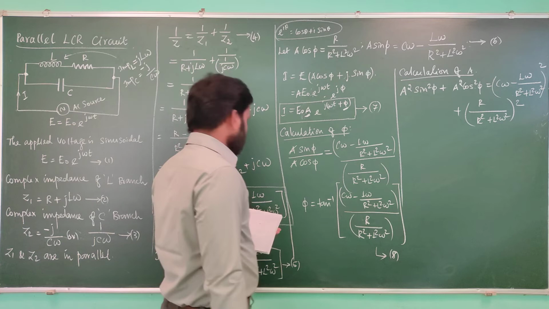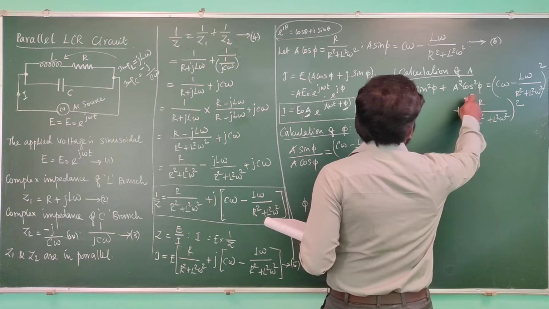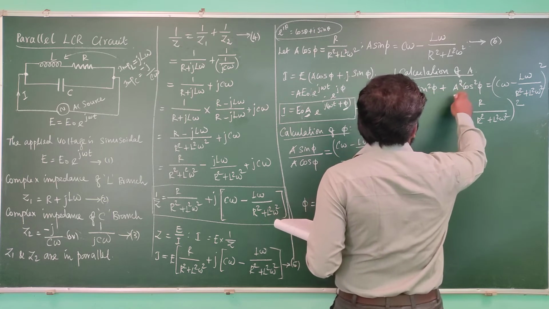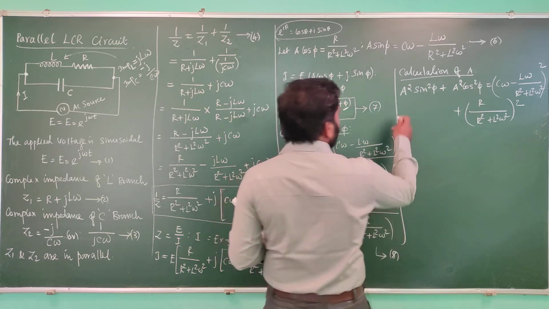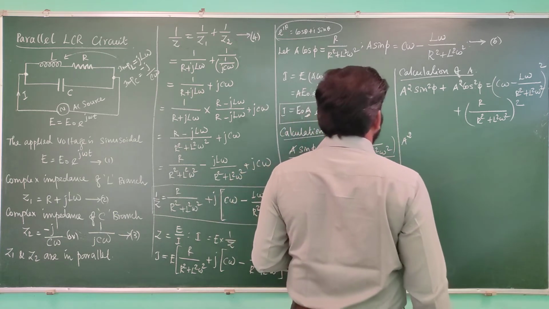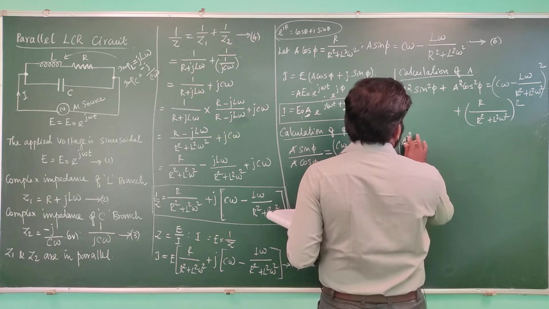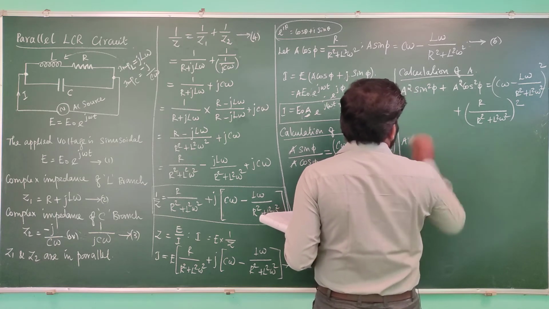Okay, what will happen? Sin square phi plus cos square phi equals 1, so the left hand side becomes a square. And if you want a, you have to take the square root, right?